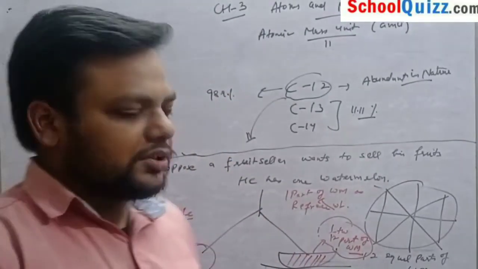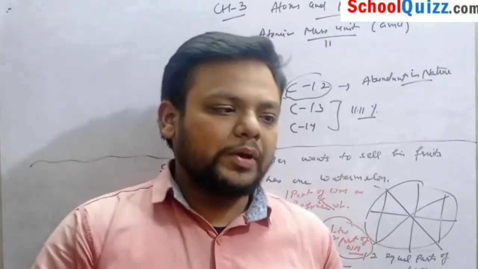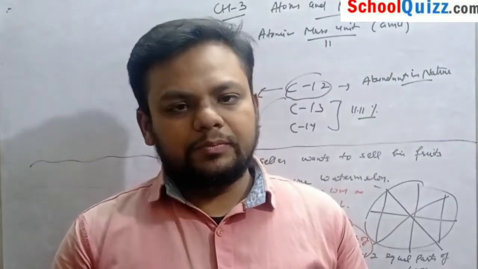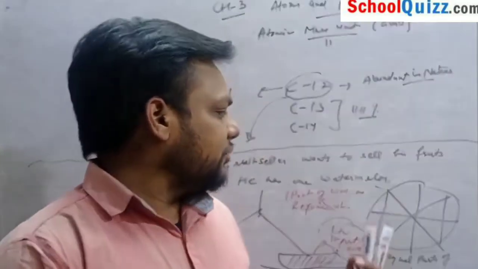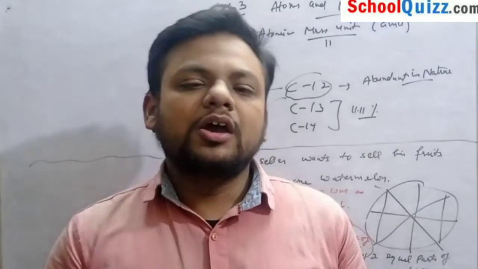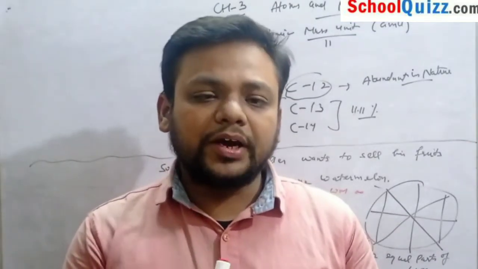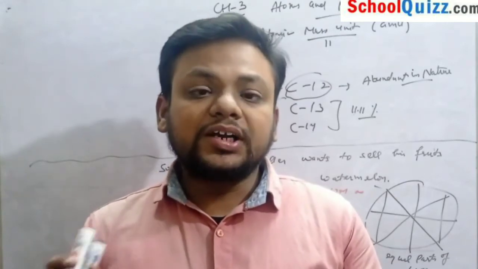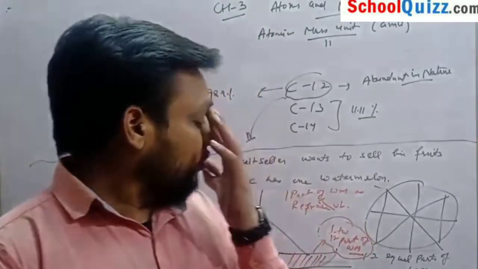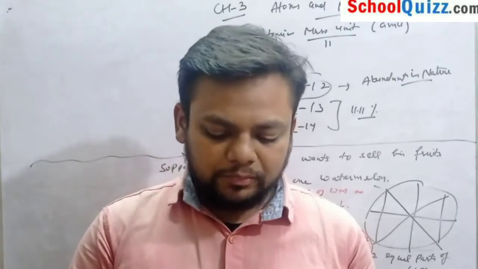So just like that, John Dalton took carbon C12 to measure all the other atomic masses of all the other elements. So this is all about our today's topic, atomic mass unit. What is atomic mass unit? One atomic mass unit is exactly equal to 1/12th the mass of one carbon C12 atom.